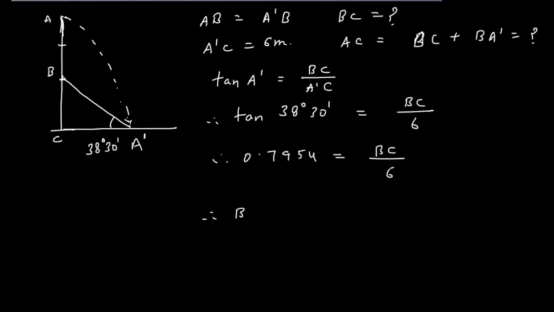So this will give me the value of BC as 0.7954 multiplied by 6. 6 fours are 24, 6 fives are 30, 30 plus 2 is 32, 6 nines are 54, 54 plus 3 is 57, 6 sevens are 42, 42 plus 5 is 47.